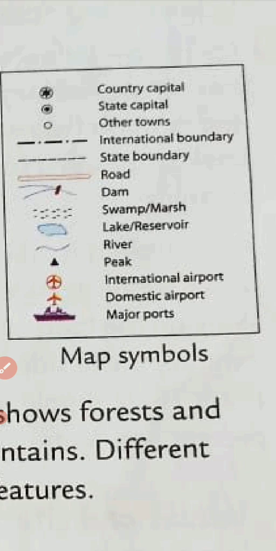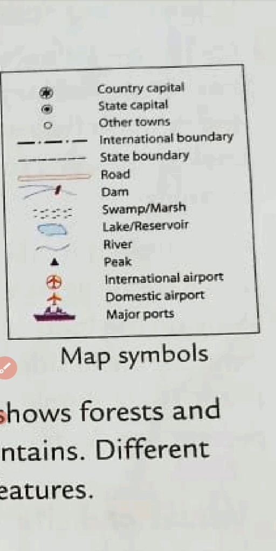Because this is an activity based chapter, you can practice these symbols in your rough copy. Even if you don't draw in the fair copy, one of the pages can be used to draw this diagram also. Here you can see how the country capital, state capital and other towns are represented.